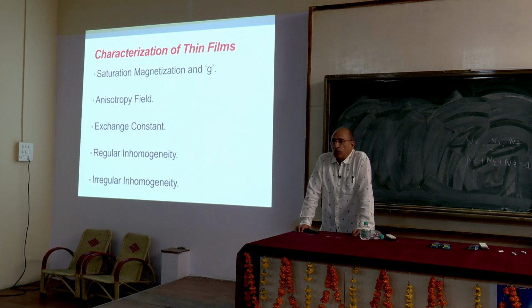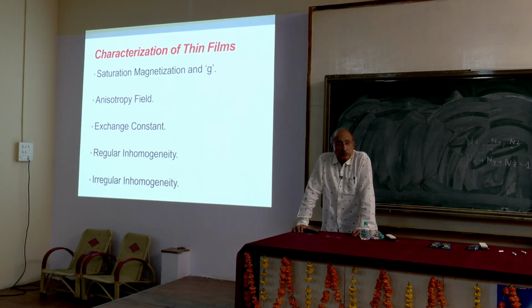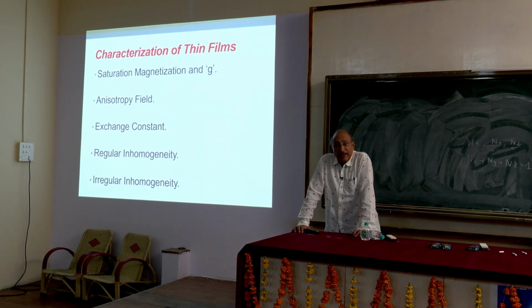So when you do perpendicular resonance and parallel resonance, you will always measure 4 pi Ms minus Hk and not 4 pi Ms. Either you are sure that your films don't have anisotropy, then fine, you are measuring 4 pi Ms. But if by any chance they have uniaxial anisotropy, then you will be measuring 4 pi Ms minus Hk. FMR does not have a method by which you can separate 4 pi Ms from Hk.